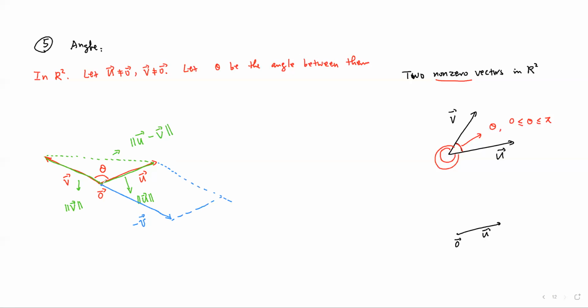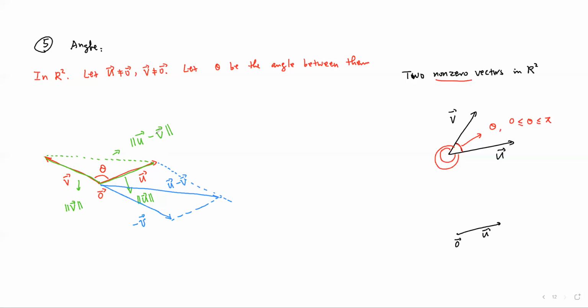So this blue vector is U minus V. Compare this green line and this blue line. Actually, they have the same length. So therefore, the green line's length is the length of this blue vector.